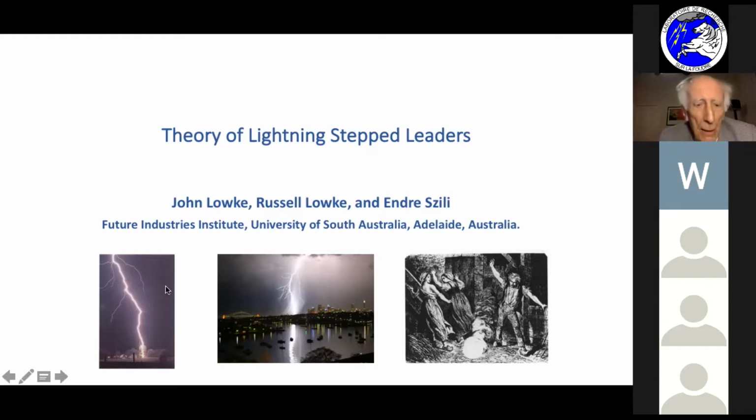Yes. You will have all seen many photographs of lightning, such as are shown here. These photographs are taken by putting a camera on a tripod at night and aiming at a cloud where you hope there'll be lightning. And then if you're lucky, there is lightning, and you then close the shutter and develop the film.